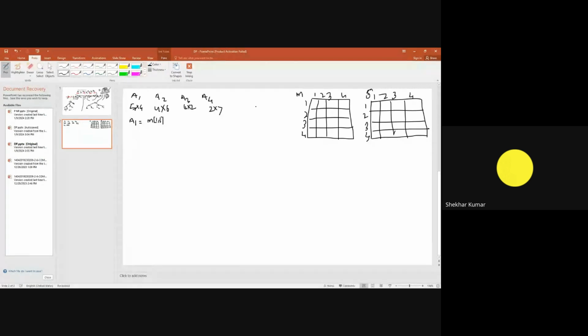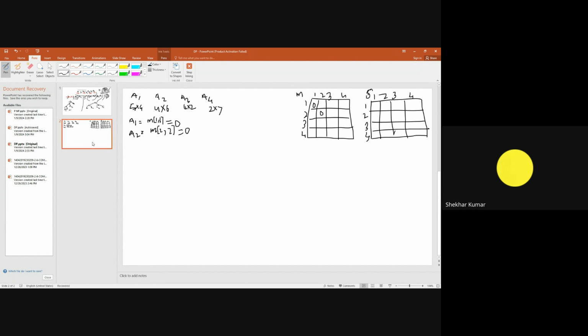There is only a single matrix, so the cost of this multiplication should be 0, because it is not multiplying with any other matrix. Same as A2, there are no multiplications, so M2,2 would also be 0.